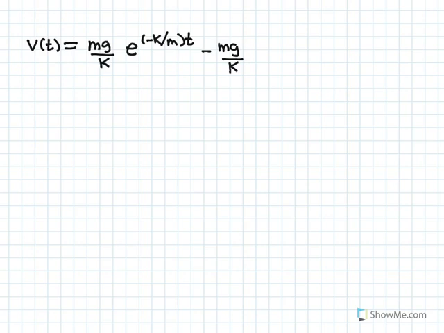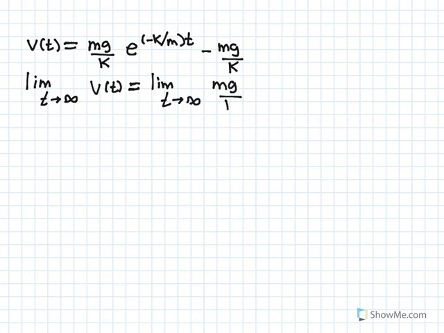The question asks us to find the limiting velocity of this object as time goes to infinity. So let's take the limit as t goes to infinity of v of t. Clearly, the negative exponential is going to approach 0. So let's take the limit as t goes to infinity of mg over k e to the minus k over m t minus mg over k.